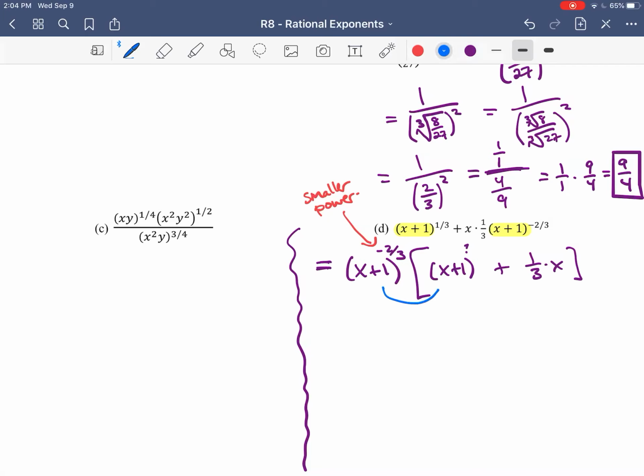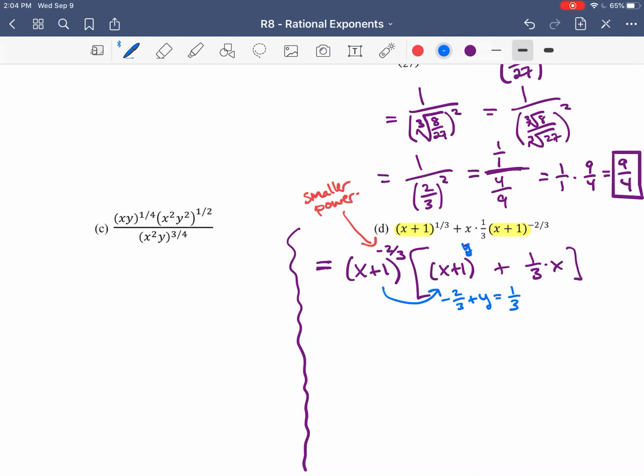So when this comes in, I have the same base, so I'm going to be adding the exponents. Let's call this y. If this is y, I actually need negative 2/3, so I'm going to be adding my exponents, and I need that to equal my old exponent.